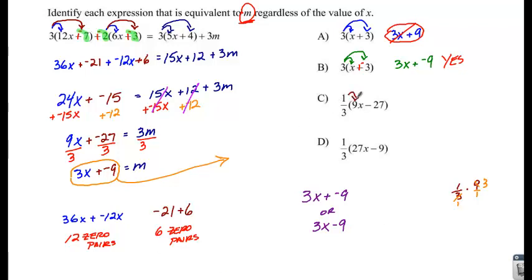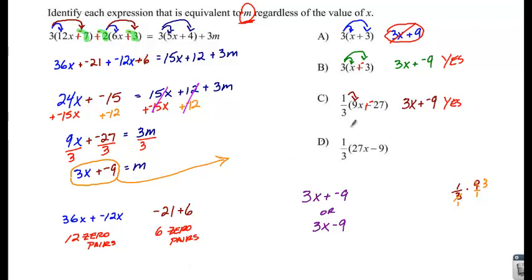So 1/3 times 9x is 3x. 1/3 of negative 27. Here was our plus and negative. 1/3 of negative 27. Well, 1/3 of 27 is 9. So 1/3 of negative 27 is negative 9. 3x plus negative 9. That's another yes.